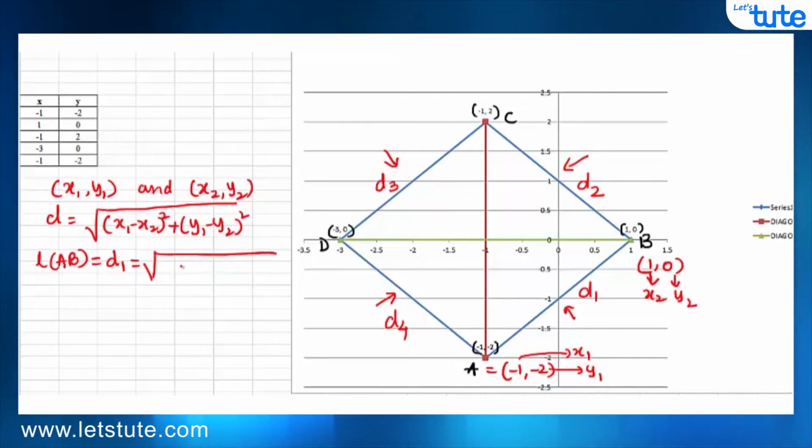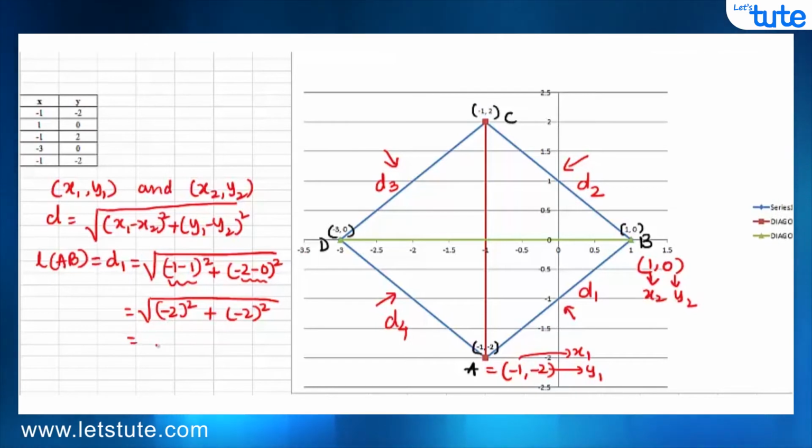Let us see. The calculation will be x1 is -1, x2 is 1, whole squared, plus y1 is -2 minus y2 is 0, whole squared. So what will this be? -1 and -1, that will be -2 squared, and -2 minus 0 will again be -2 squared.